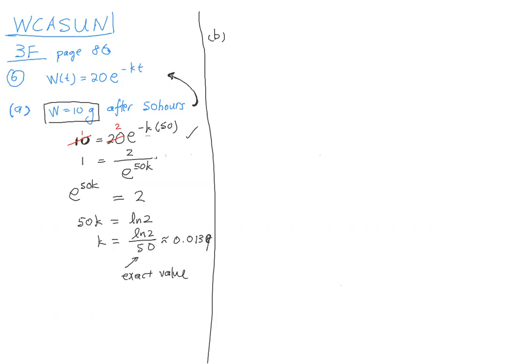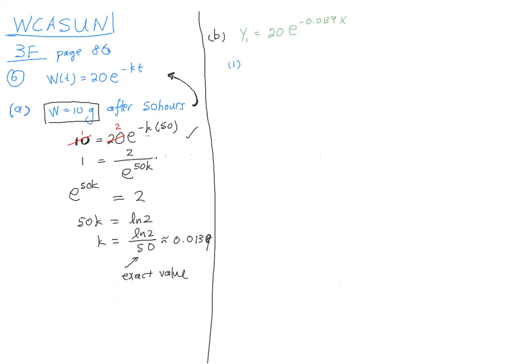Key into your GC, the Y1, correct. The Y1 you should key in as 20 e to the power negative 0.0139 x. Then we will start to answer the question.